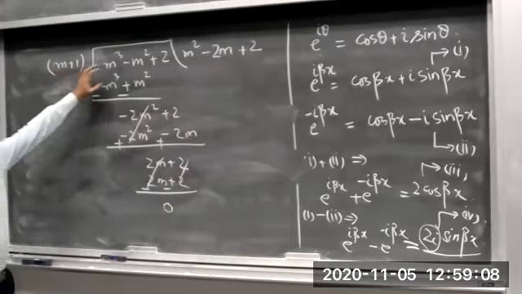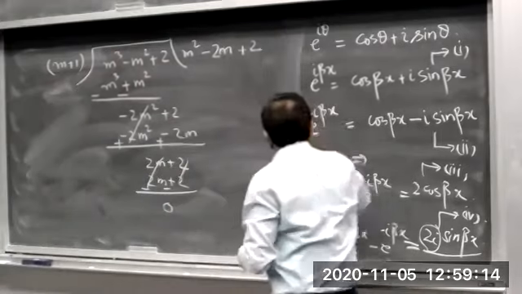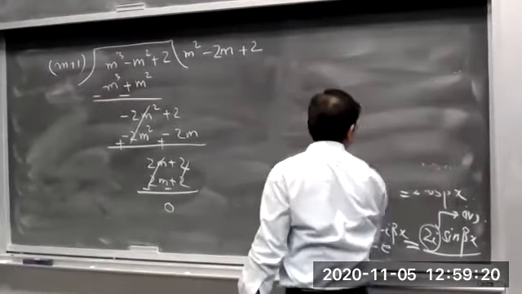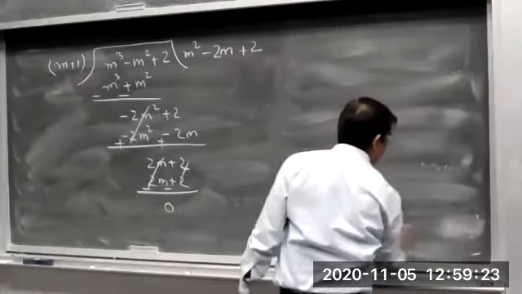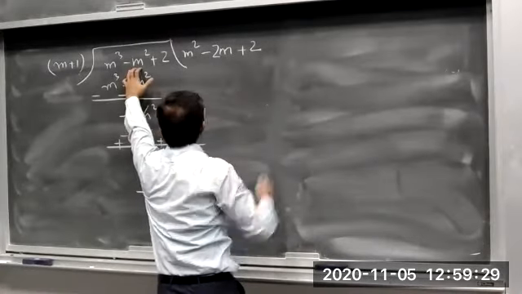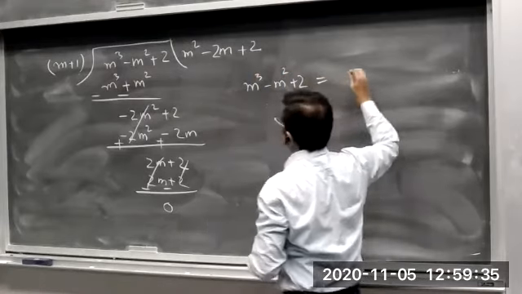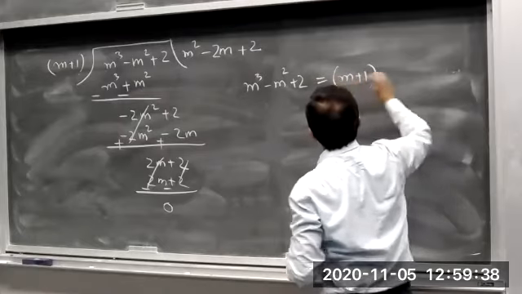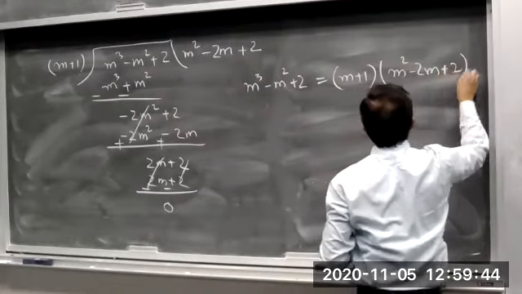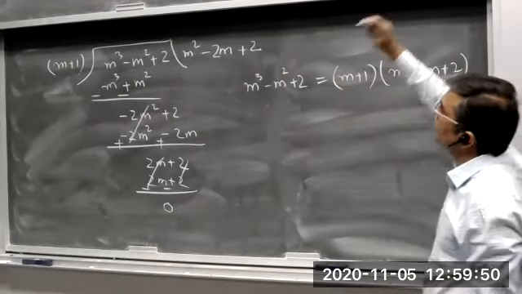So this has divided this, and the quotient is this. We can write this cubic polynomial as m plus 1 times the quotient m square minus 2m plus 2. This is how we factorize the cubic polynomial.